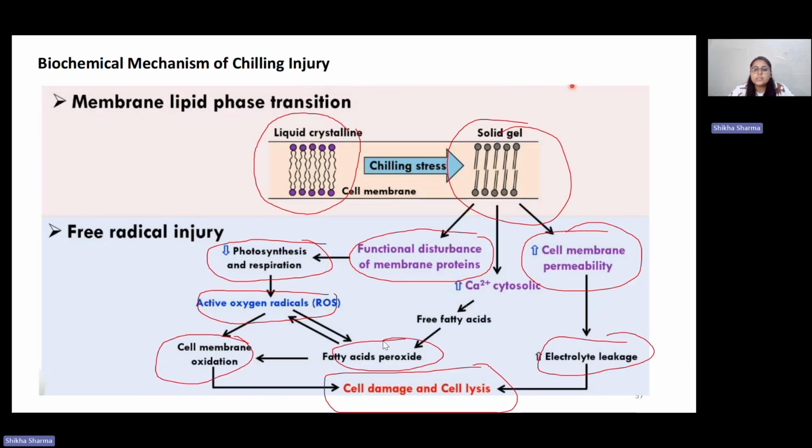Also, fatty acid peroxidation can be seen, and therefore the cell is damaged and lysed. Third, the cytosolic Ca2+ amount is increased, and the fatty acids will be more and will be peroxidized, and overall the cell will be damaged or lysed.